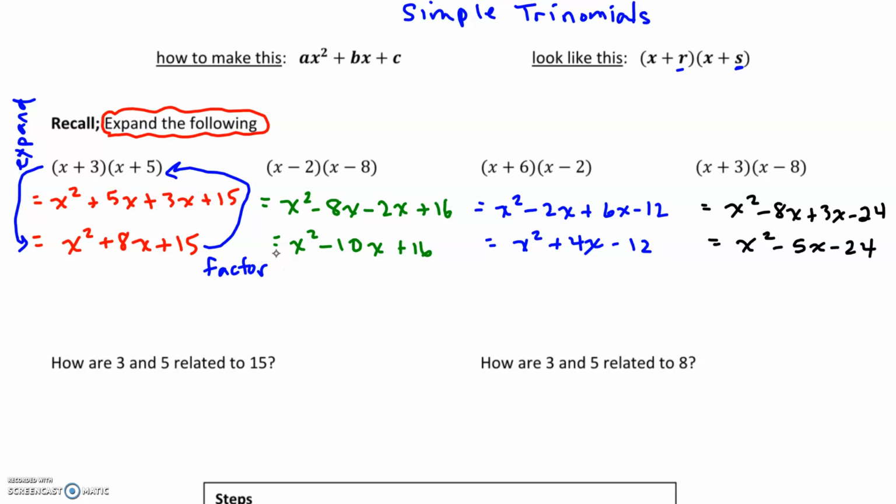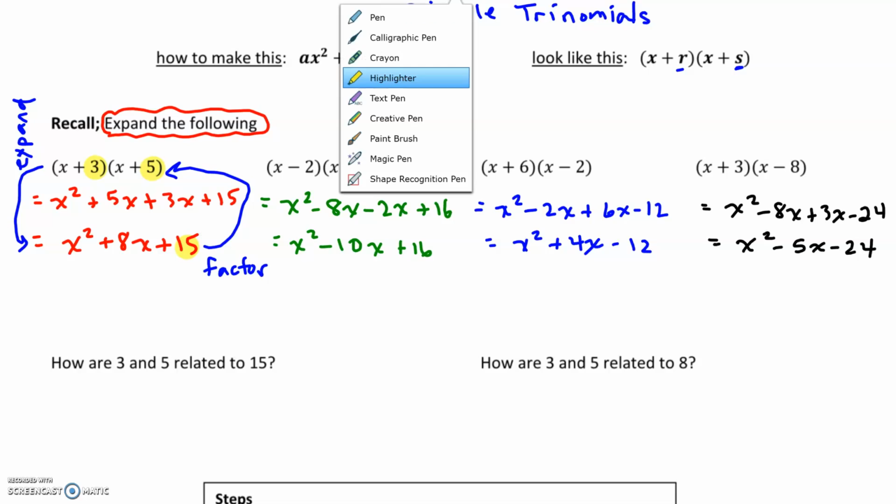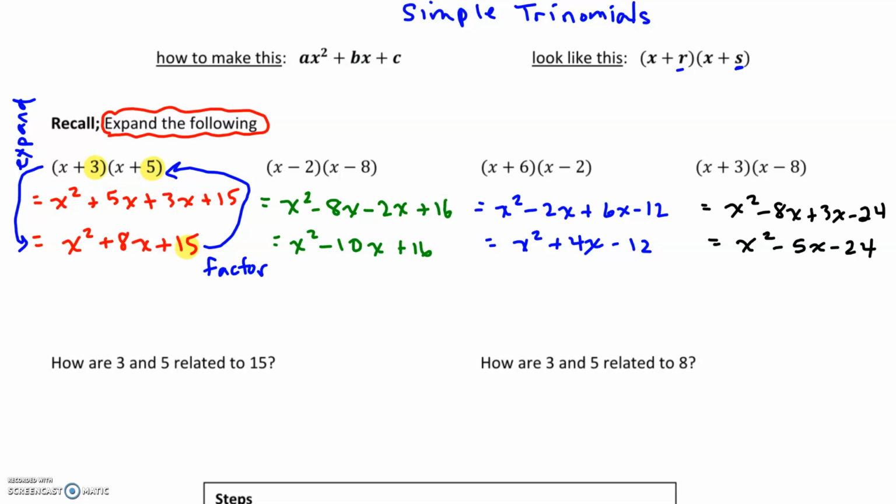All right, so we want to see if there are any patterns in here that can help us do the factoring. We're going to look at how 3 and 5 are related to 15. We know that if you multiply 3 times 5, you get 15.